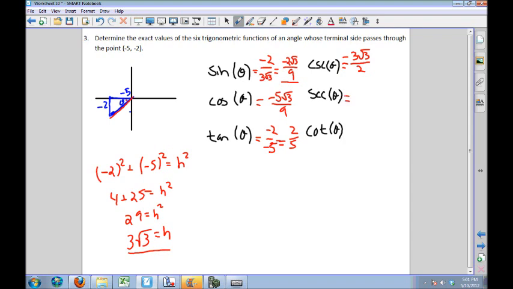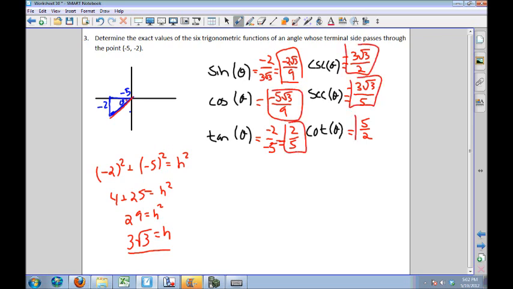Cosecant, the reciprocal of sine, will be root 29 over negative 5, which is negative root 29 over 5. And then cotangent is 5/2. So I have each of my 6 trigonometric values here.